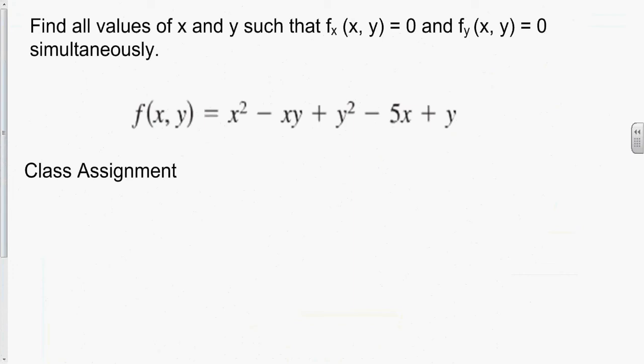What'd you get, Jackson? Said find all values of x and y. Yep. And then what you get for y? Looking at my papers, maybe I got it wrong.